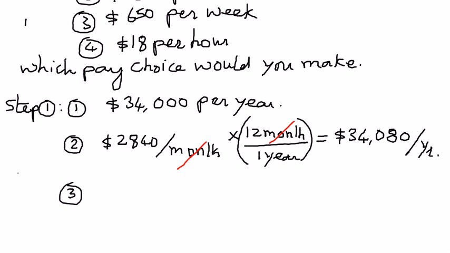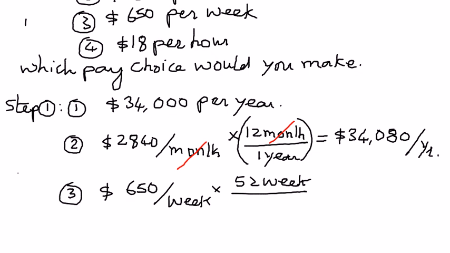And on the third choice, we are making $650 per week. We know that there are 52 weeks in 1 year, so let's write that 52 weeks in 1 year.